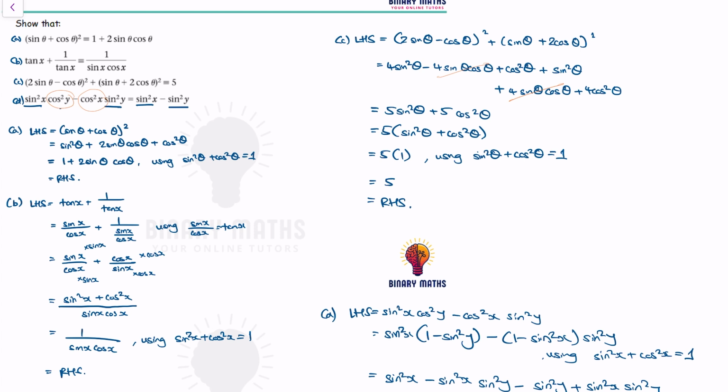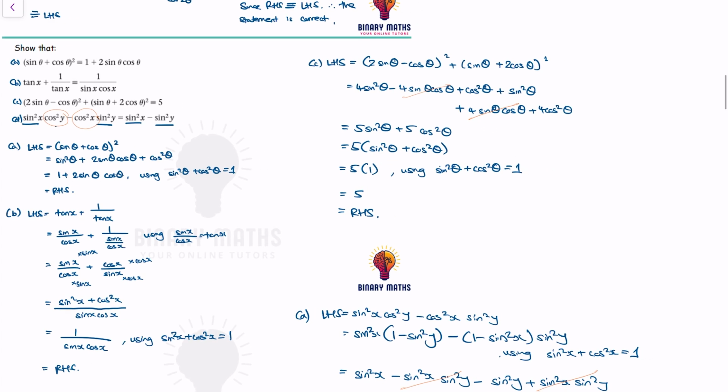Now you can see clearly these two cancel out. So all I'm left with is sine squared x take away sine squared y, which is equal to the right hand side. So I have proven the correct thing.